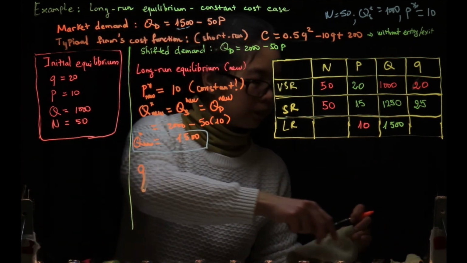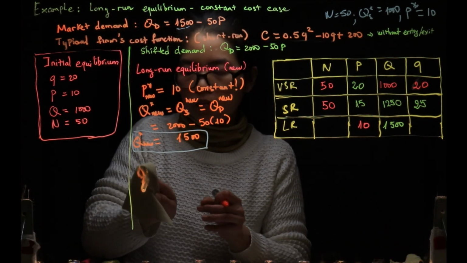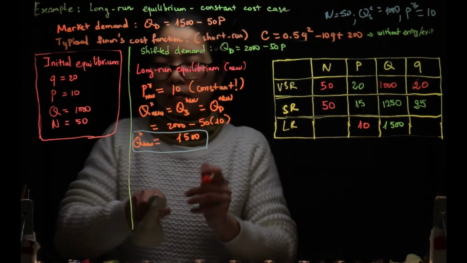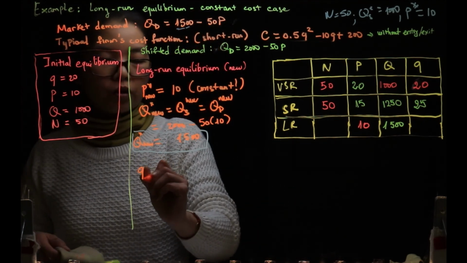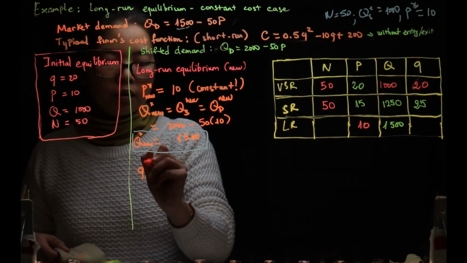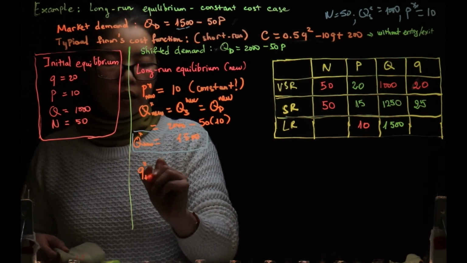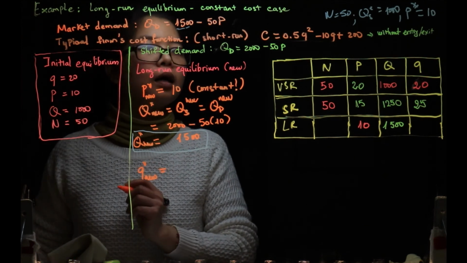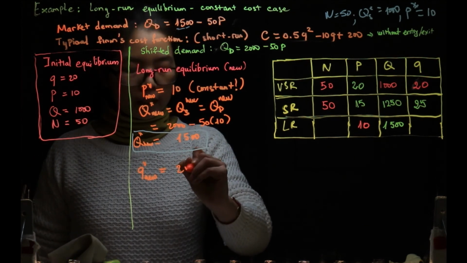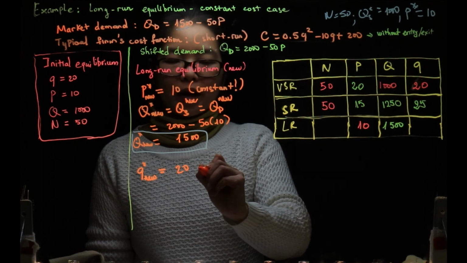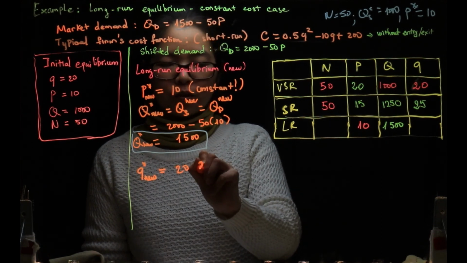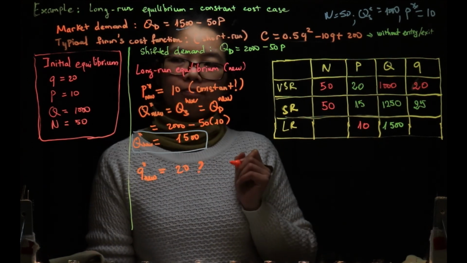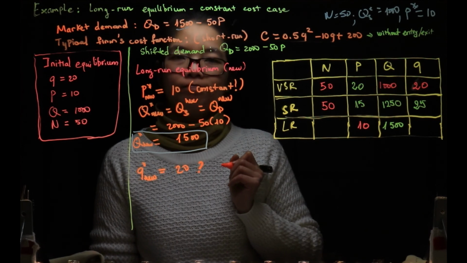Oops. Q small, firm supply, new, which is 20. Why? Firm supply is 20. Why do I know that?